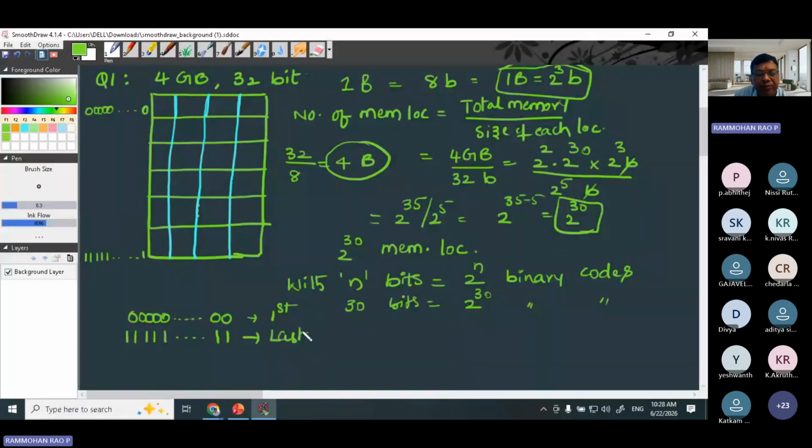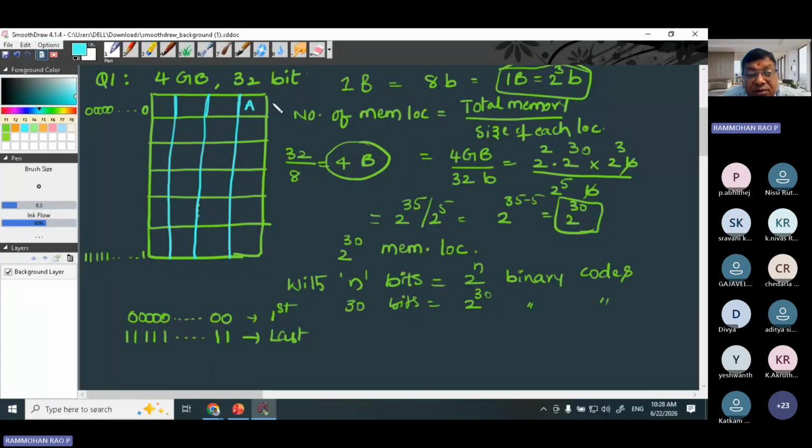Yes or no? Now, in that first memory location, for example, my required data is sitting here. Let us say A. This is the data I want. Where is A located? It is located in first memory location.